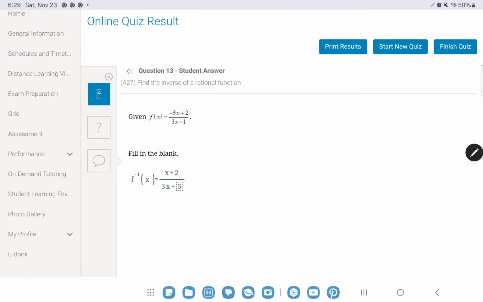Okay, this question's easy. Here, to find the inverse of any function, you just need to do one thing. Every time you see an x, replace it with y. So negative 5y plus 2 over 3y minus 1 equals x.